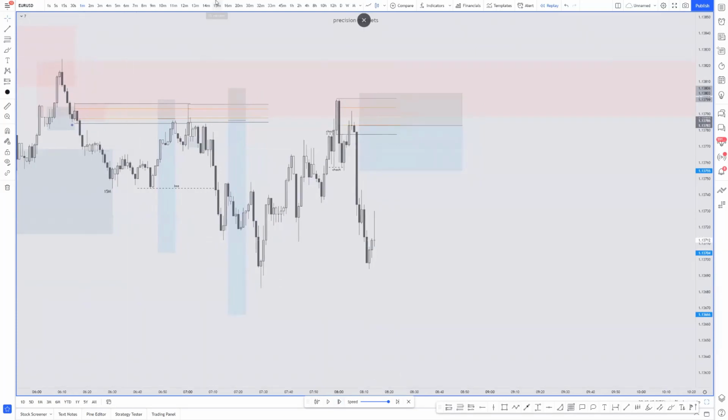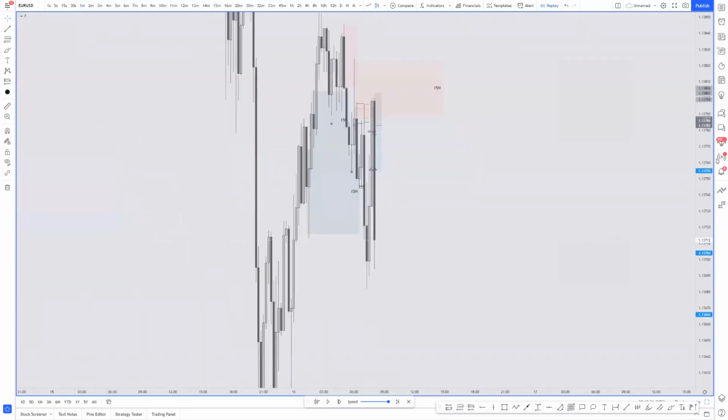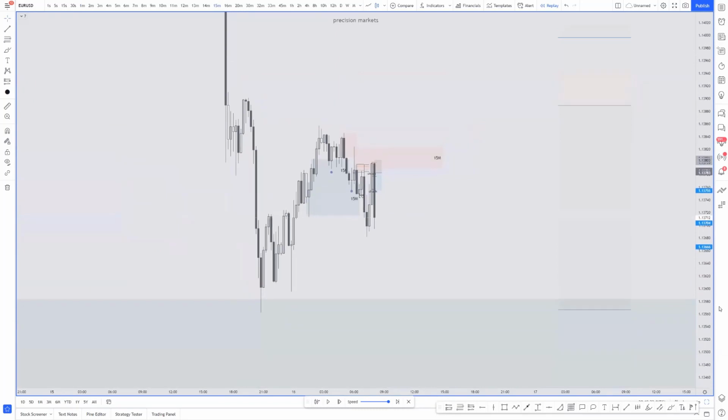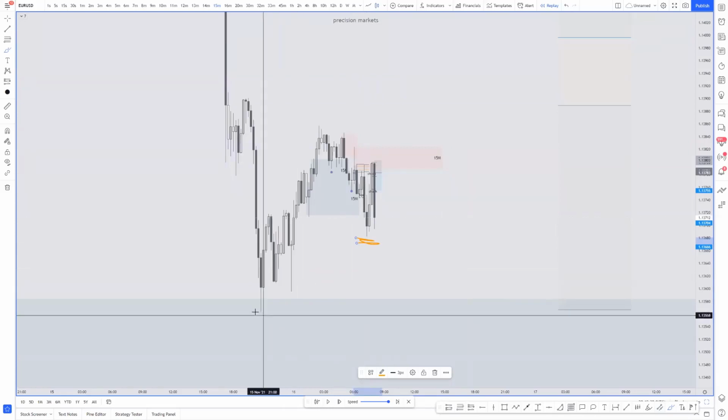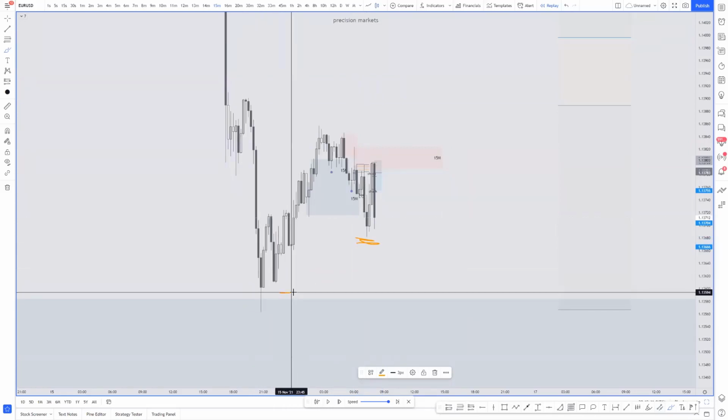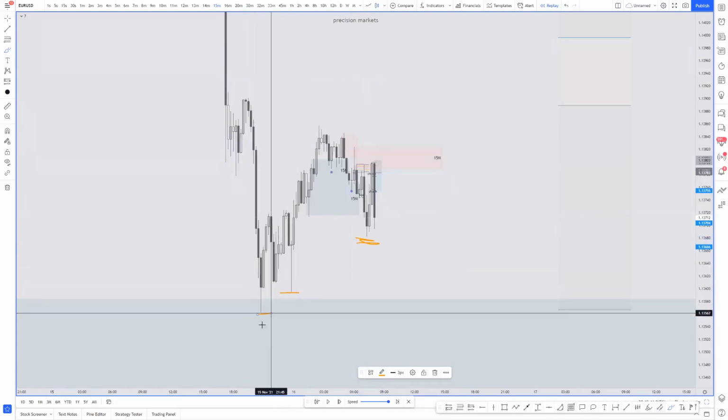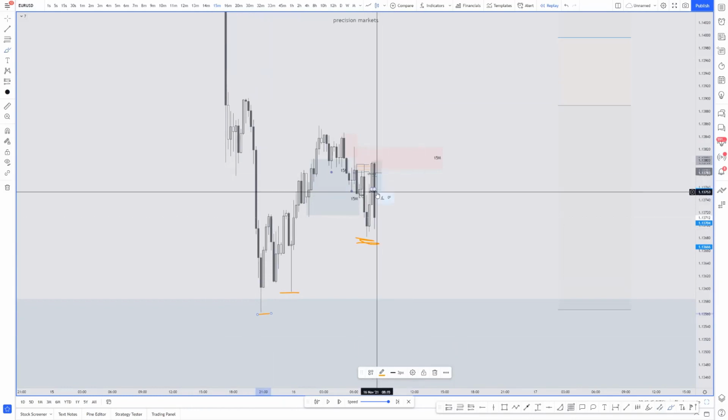So let's just go and we can examine the 15 here. So just from looking at this, realistically, depending how you manage, with us being bearish, if you were really safe, you could take partials here at this low, or you could wait to take partials here, or you could take partials here, depending what our R count is.